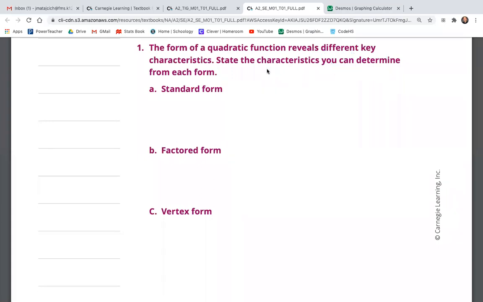Okay. For standard form, there's 2 things that you can find right off the bat just by looking at it. One of those things is the y-intercept. And how you find the y-intercept is look at C. If you forgot what C was, just look at the top of this page and it'll show you where C falls in standard form.